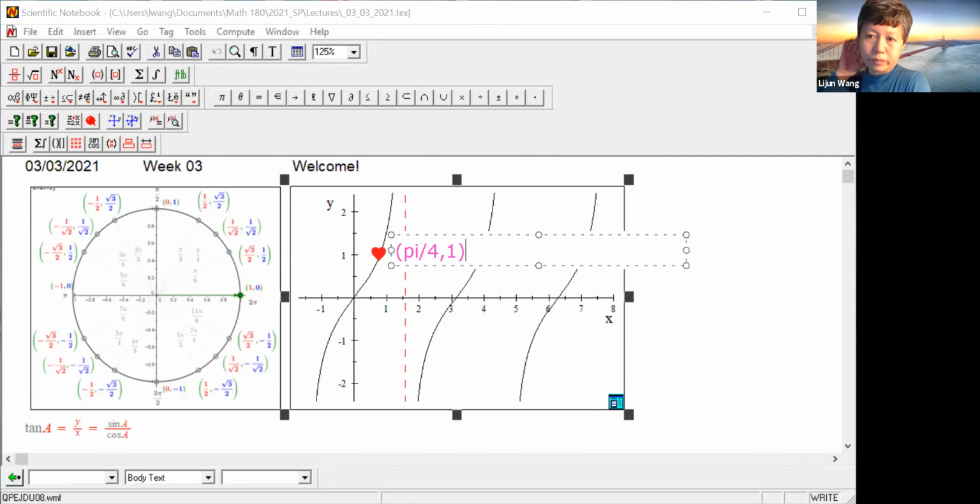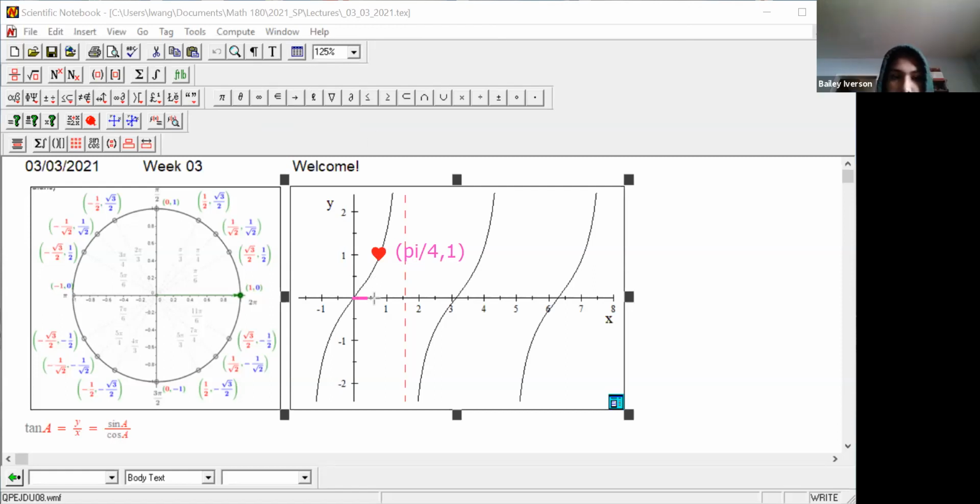What does it mean? We've done sine, we've done cosine. What is the implication? Pi over 4. What is pi over 4? Pi over 4 is how long this is, right?